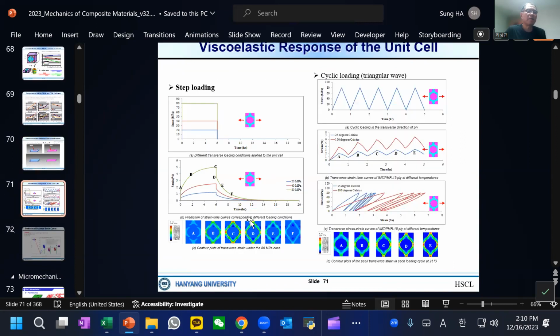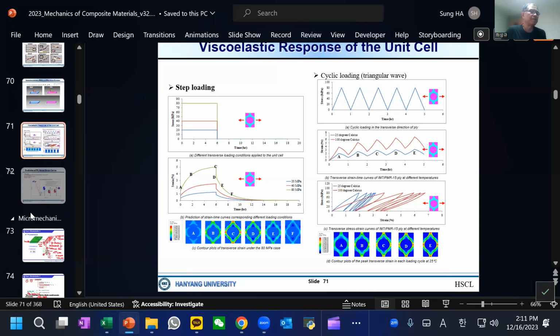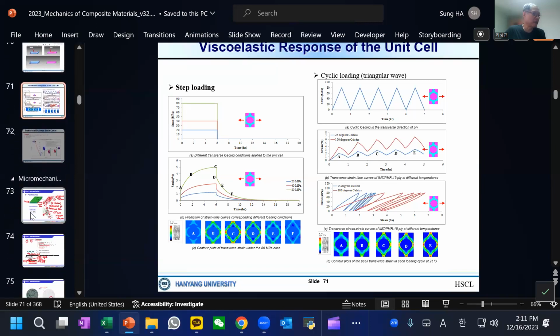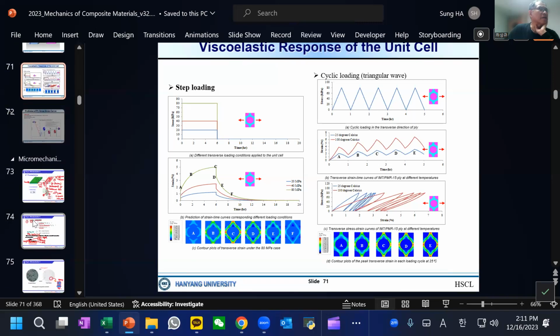Another big advantage is to understand the cyclic load and fatigue load and creep behavior and the viscoelastic behavior as well. So we can understand a lot of details using micromechanics.